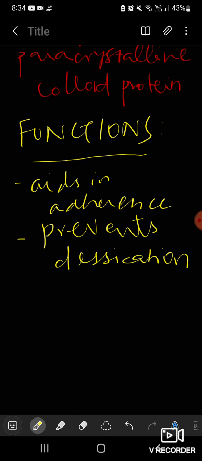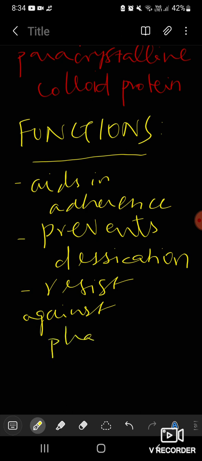They help in resisting against phagocytosis.